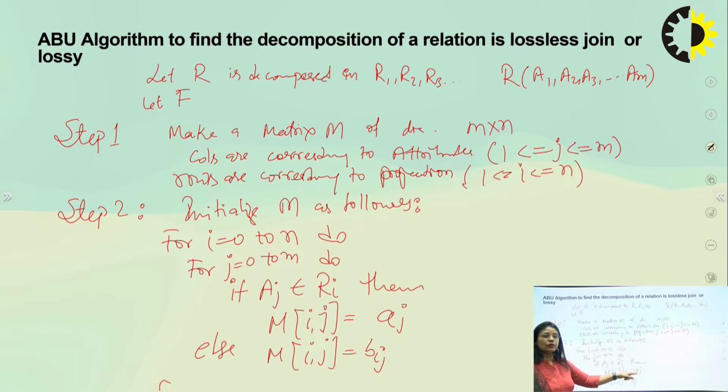So in this way we initialize the matrix. Here we are using only one suffix, the column number, for A, and here we are using two suffixes, row number and column number both, for B.